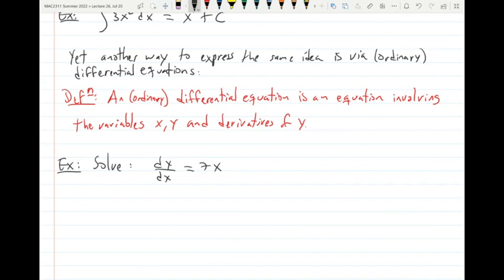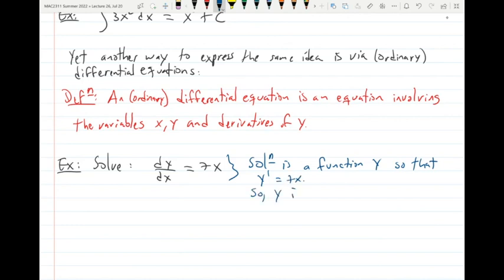But how do you solve this? This is just another way of asking you the same thing. What am I asking? What's the solution here? The solution here is a function y whose derivative is 7x. So what are the solutions here? All antiderivatives of 7x. You understand this? So the solution here is a function y so that when you take the derivative, you get 7x.